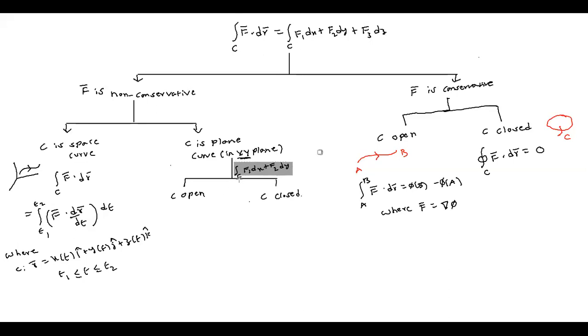So you want to evaluate a line integral of the form integral over C of f1 dx plus f2 dy only. There is no f3 dz. Either it is open or closed. If it is a closed curve, then what do you do?